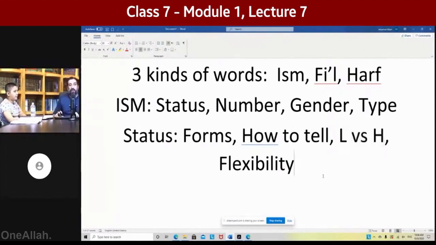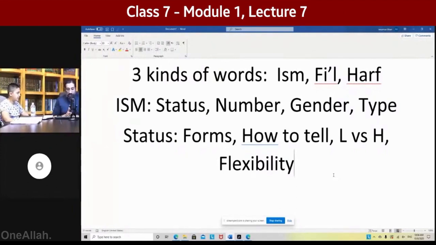Then there was flexibility. When it came to flexibility, I gave you a shortcut. I said, remember 3 names: Muhammad, Yusuf, Musa. Why those 3? Muhammad represents fully flexible Arabic words. Muhammadun, Muhammadan, Muhammadin. Then Yusuf represents partly flexible words.